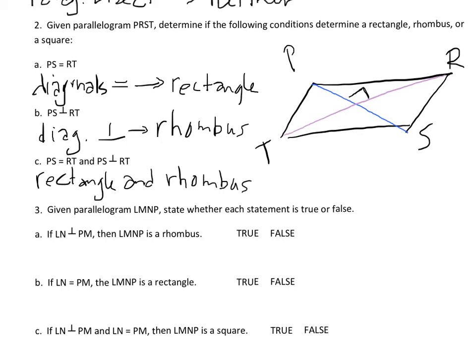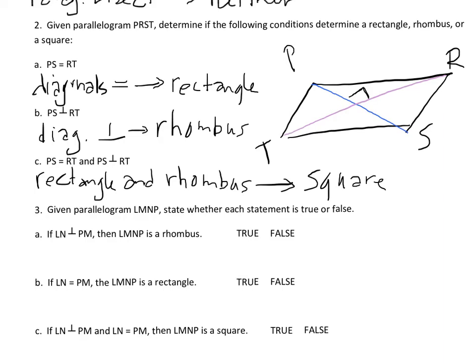If something's a rectangle, that means it has 4 right angles, and if something is a rhombus, which means it has 4 congruent sides, we know it must be a square. So if I didn't have A and B there, I would have written: I know the diagonals are equal, which tells me it's a rectangle. I know it's perpendicular, which tells me it's a rhombus. If it's a rectangle and a rhombus, I know it must be a square.